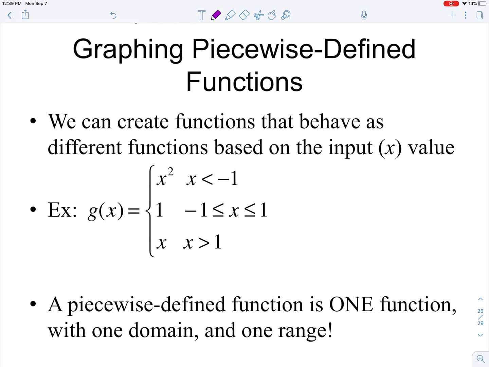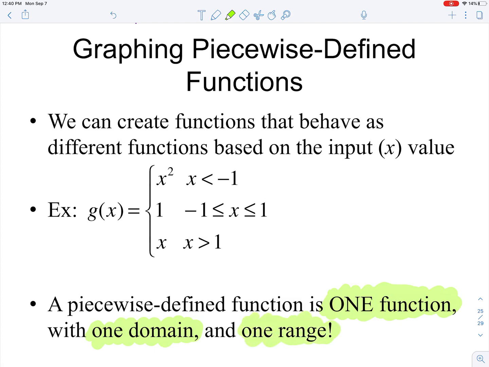Okay, so we're going to also look at graphing piecewise defined functions. We can create functions that behave as different functions based on the input value. I have an example of a piecewise function here, the equation of a piecewise function right here. It's super important to remember that a piecewise defined function is one function that has one domain and one range.